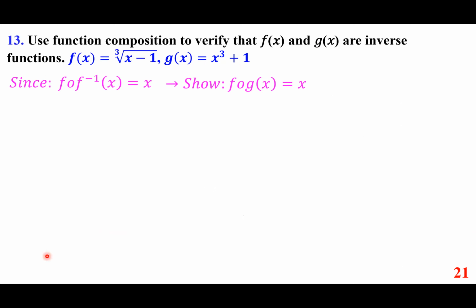And again, if it's helpful to put brackets or parentheses here, we will do that. So what is f of g? Here's the f function. f of g, replace the x with the g function.